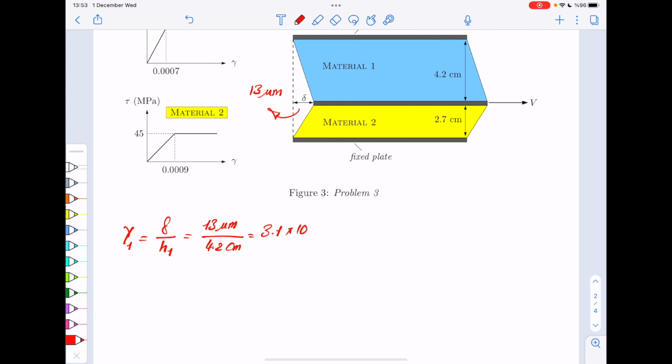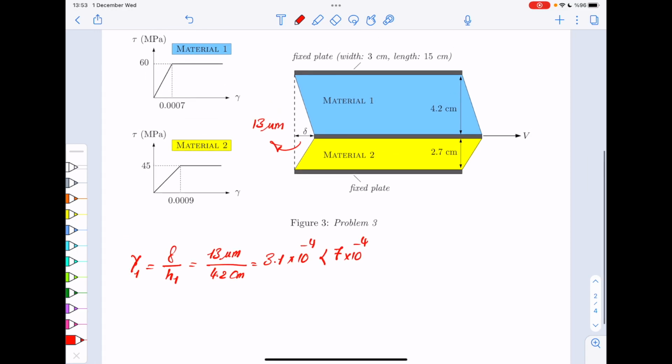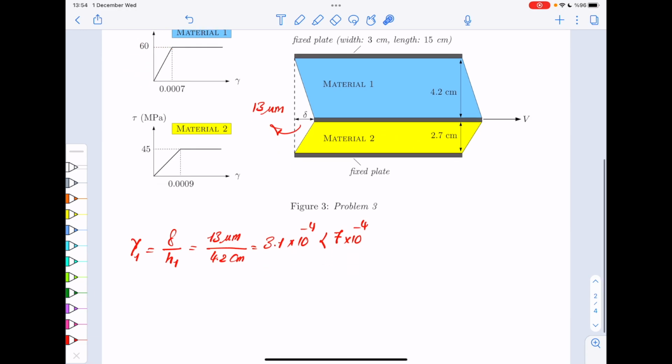So it would be 3.1 times 10 to the minus 4, which is less than 7 times 10 to the minus 4. So we are somewhere here. So we know if you calculated shear stress, it would be less than the yield stress, which is 60. Okay, so we are fine, and we can actually calculate it.